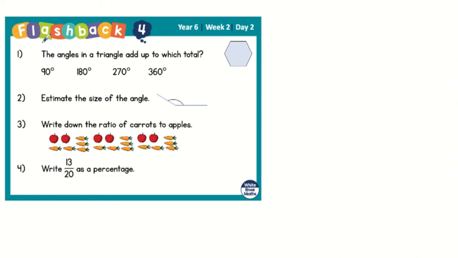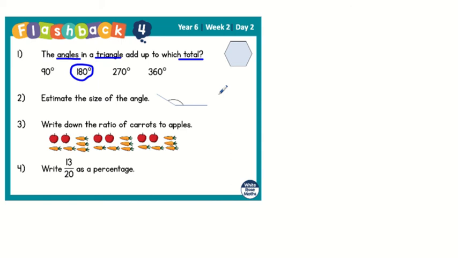Okay, so question number 1 then. The angles in a triangle add up to which total? So the angles in a triangle total how much, Year 6? Or how many degrees? Well remembered, it's 180 degrees.